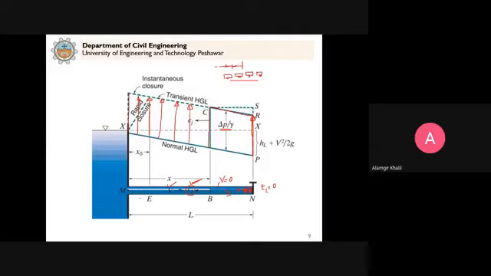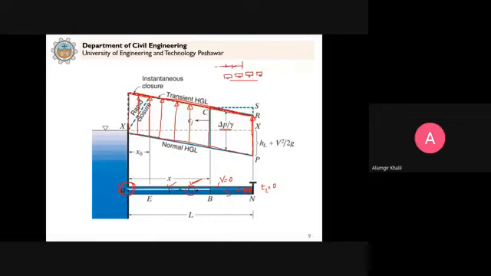So now when the pressure wave reaches this point M, the inlet to the pipe, you see the hydraulic grade line will be this line for the whole of the pipe, instead of this line.